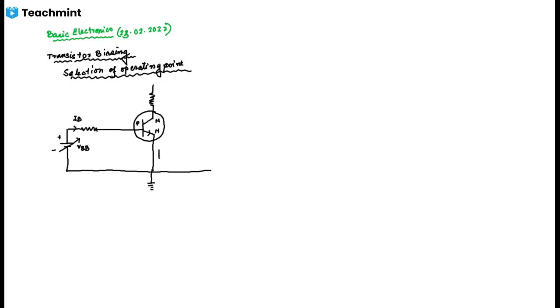So this is the current going this way. This resistance is named RB. This is the RC. This is the output that is denoted by VCC.